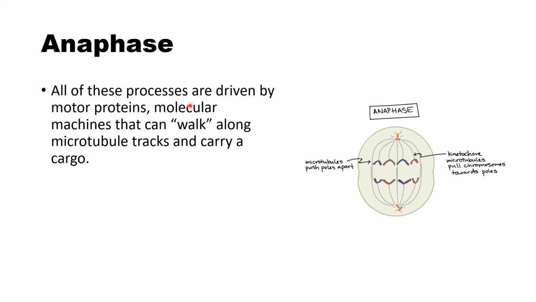So all of these processes are driven by the motor proteins, which are yung mga molecular machines that can walk along microtubule tracks and carry a cargo. So basically, yung mga motor proteins, pwede silang pumunta dito sa microtubules, and then they can carry itong chromatids.